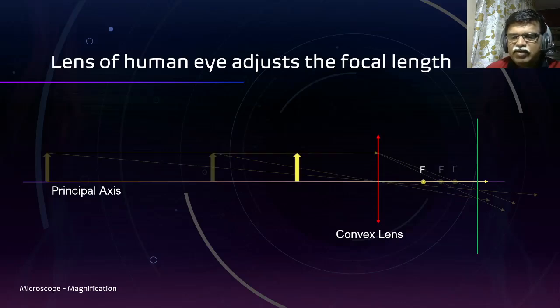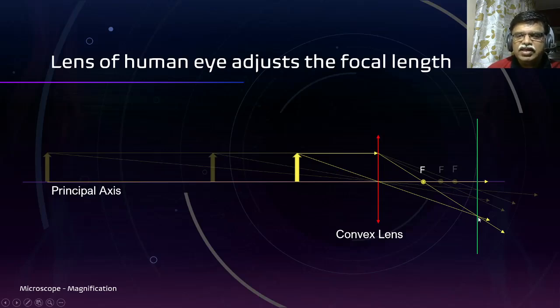If the object comes even closer, the focal length will shift further, and again the image is forming on the same screen, but now the angle also goes on increasing as the object is coming closer, and the image is also forming at a greater distance from the focus. The size of the image also goes on increasing, and we see that the object has effectively become larger and larger. So as you take the object close by, it is subtending a large angle, and then we see the object as a large object.